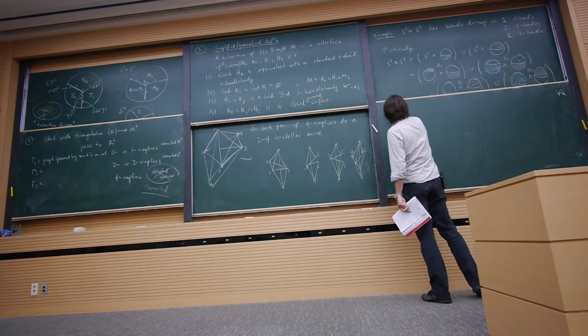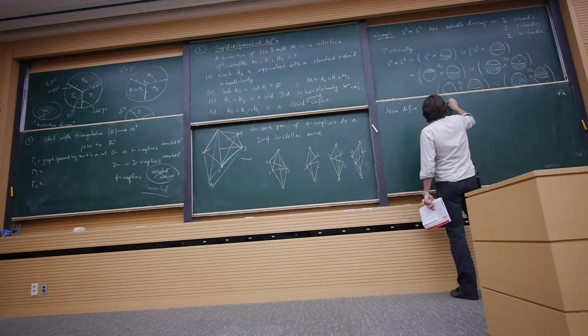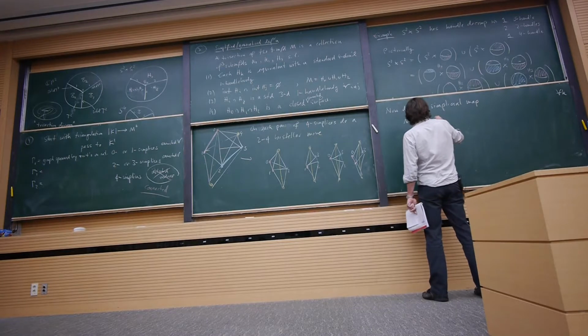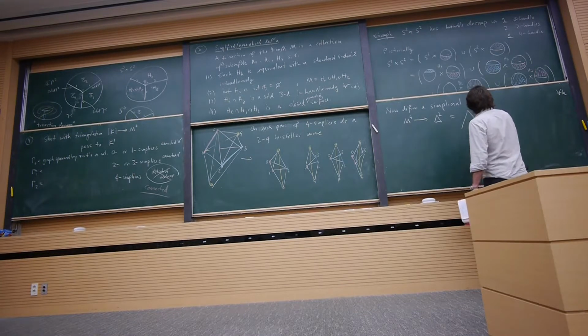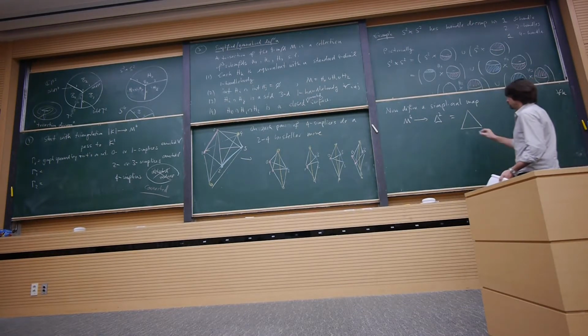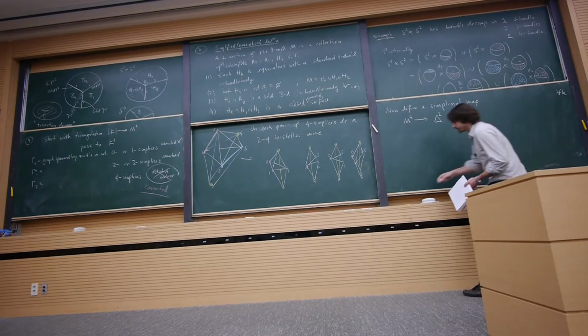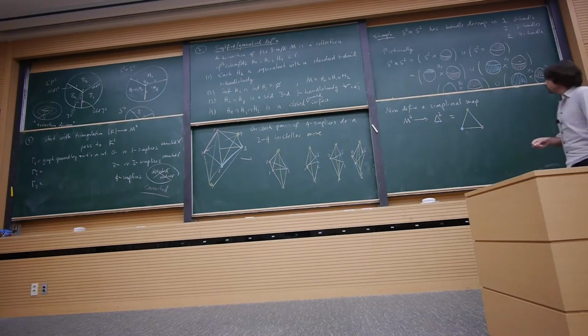So we can now define a partition map from the 4-manifold to a 2 simplex by doing exactly this. Take the 2 simplex, just color its vertices blue, red, and yellow. And so this tells you what you need to do.